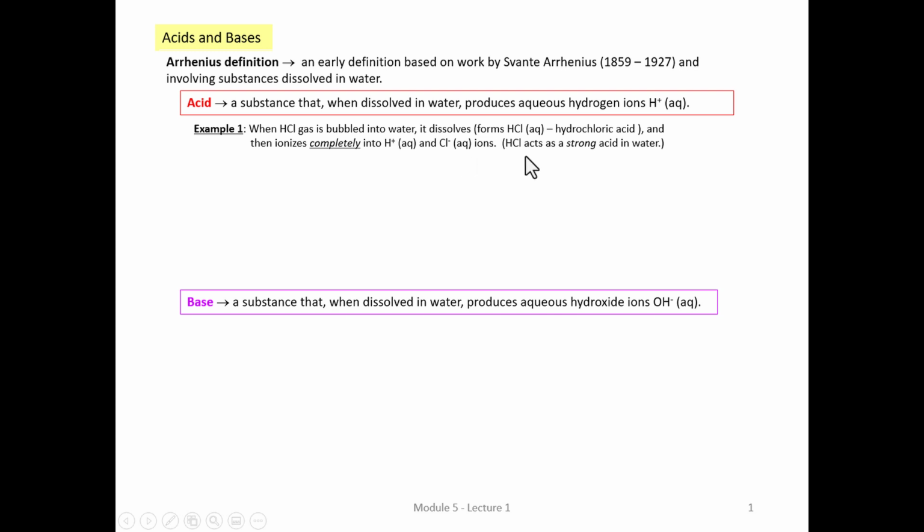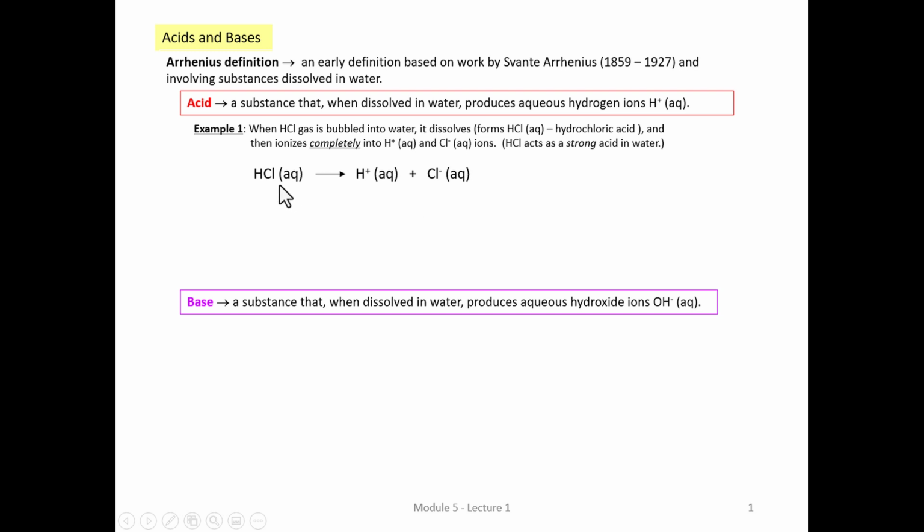We will say that HCl, because of this characteristic of completely ionizing, is not just an acid in water, it's a strong acid in water. And soon we'll get to defining more exactly what we mean by a strong acid. In any event, we're going to just say HCl is a strong acid.